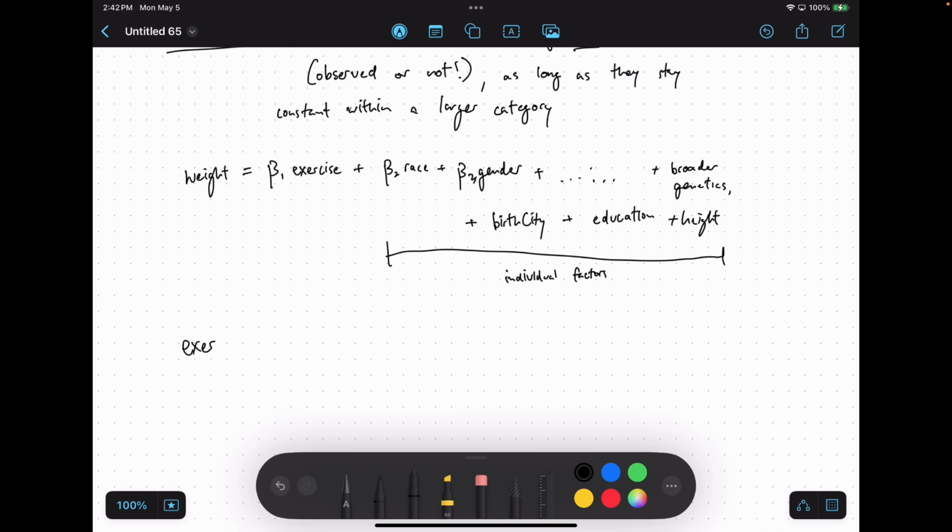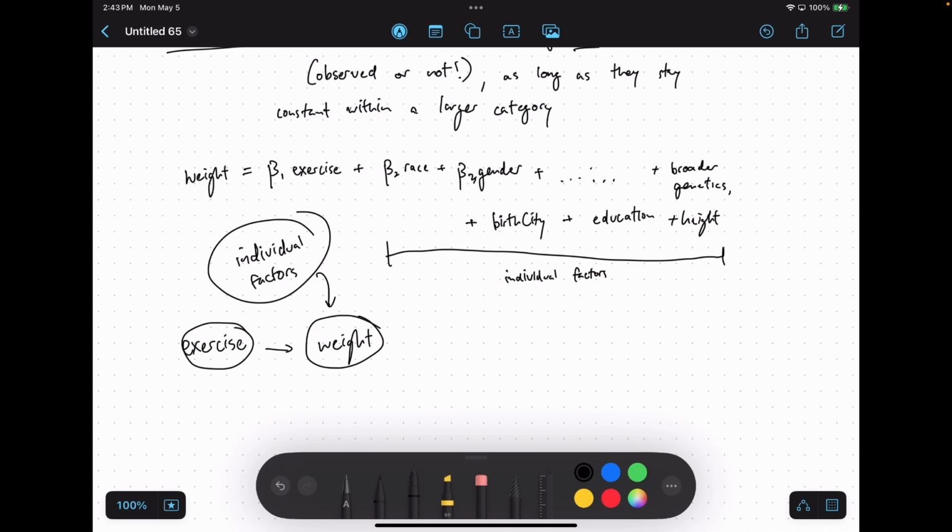So exercise going to weight, and individual factors that go to weight and maybe even can affect how much you exercise as well, right?